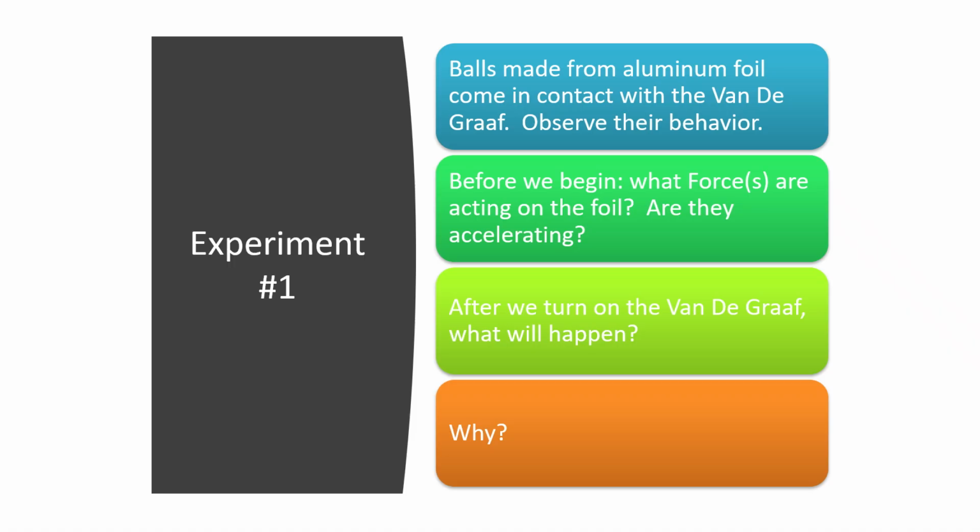Now how many forces? Now we have gravity, but what else? That's right, we've got electrostatic repulsion, the Coulomb force, between the aluminum foil ball and the floor of the cylinder, right? And you really just have to, this recorded video doesn't do it justice, okay? When I stick my hand up close to, I don't have to even touch the top of the cylinder.